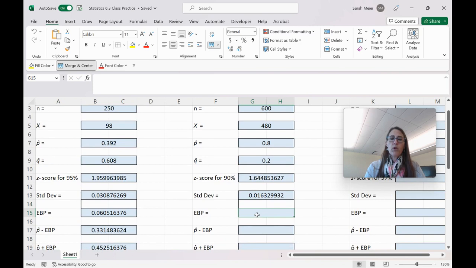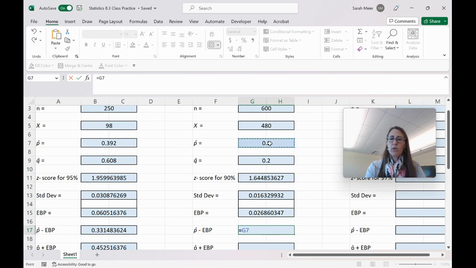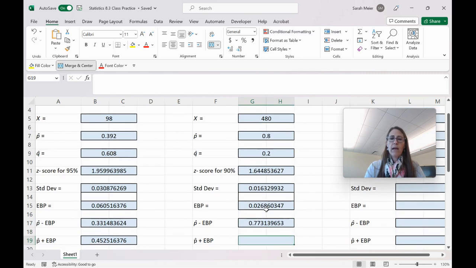Error bound for our proportion, our EBP, is going to be our z-score times our standard deviation. And then our lower bound is going to be that sample proportion minus our EBP. And our upper bound is going to be our sample proportion plus our EBP.